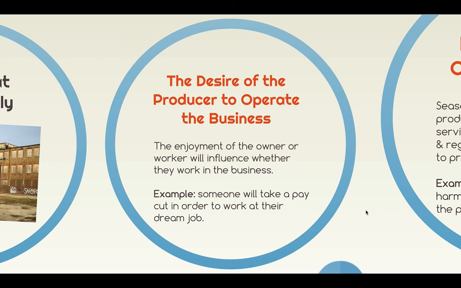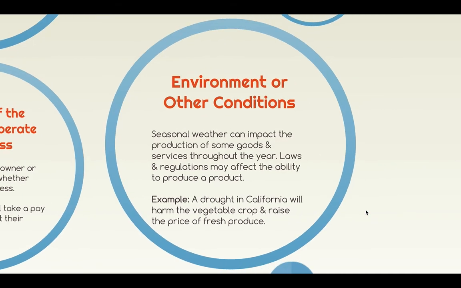The desire of the producer to operate the business. Sometimes people just don't want to be in that job, or they decide they'll change careers to do something that they'll enjoy a little better. The environment or other conditions: during COVID-19, when many borders shut down, it was hard to get goods that were produced overseas to market.